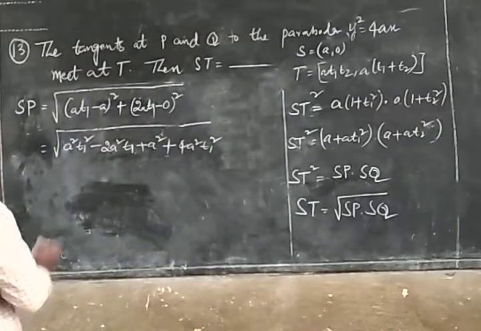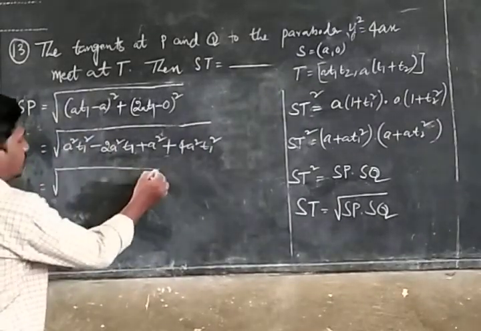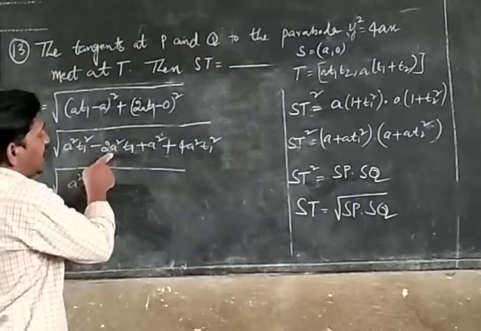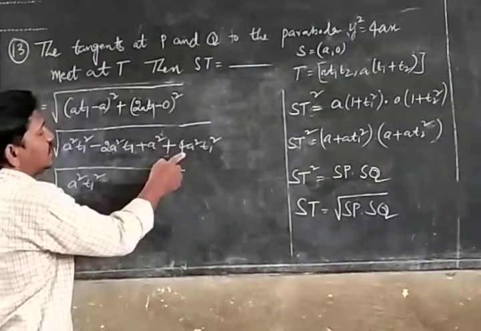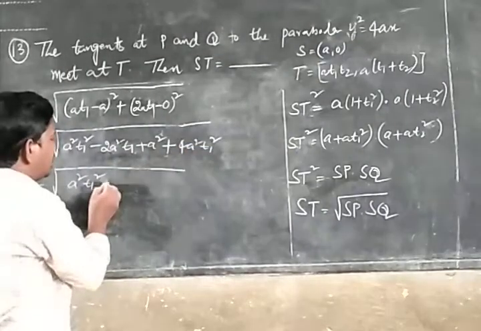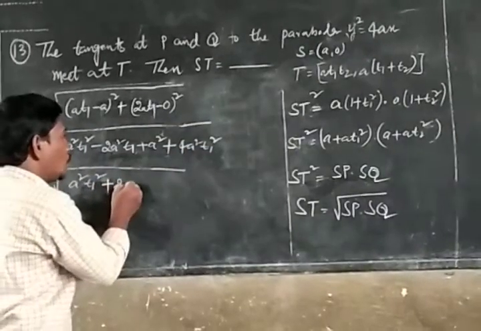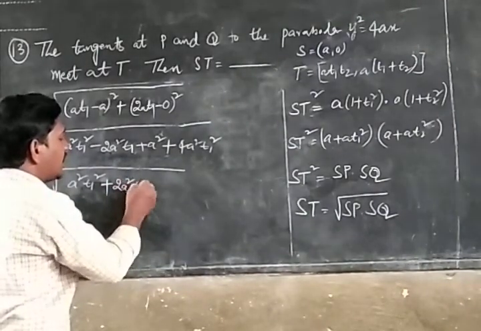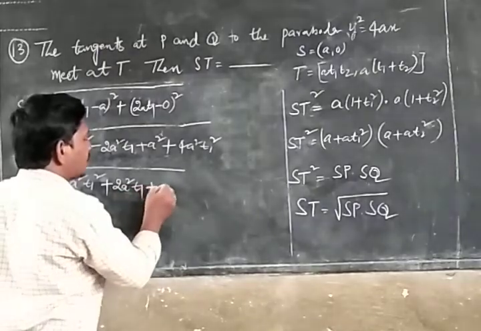Again, root of a square t1 to the power 4 minus 2a square t1 square plus 4a square t1 square becomes plus 2a square t1 square plus a square. It looks like a square t1 to the power 4 plus 2a square t1 square plus a square.